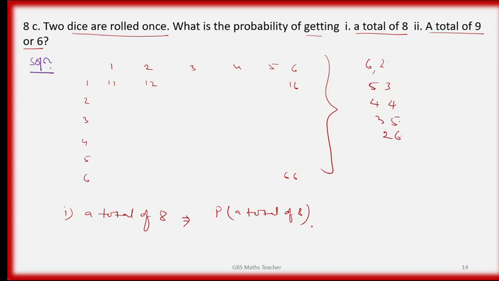A total of 9 or 6. 9 or 6 भनेको त that is mutually exclusive. 6 total हुँदा 9 total हुने त एउटै हुँदैन.